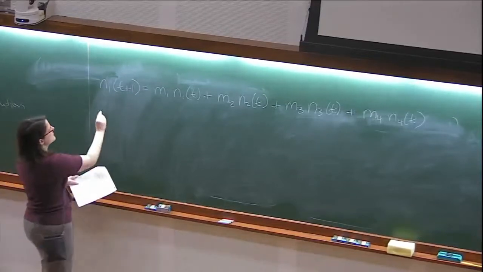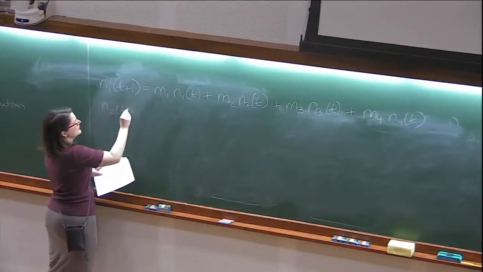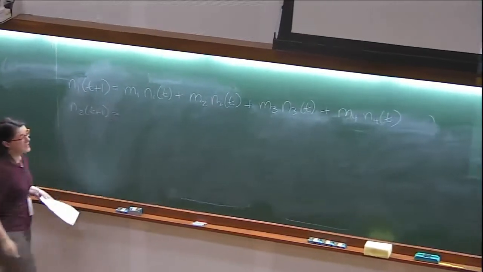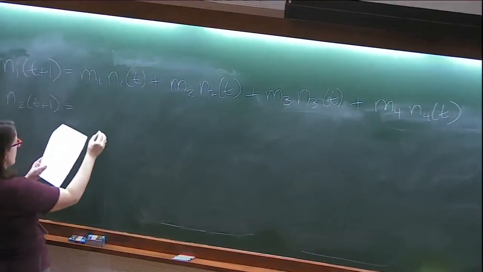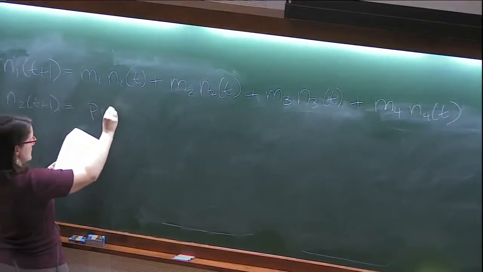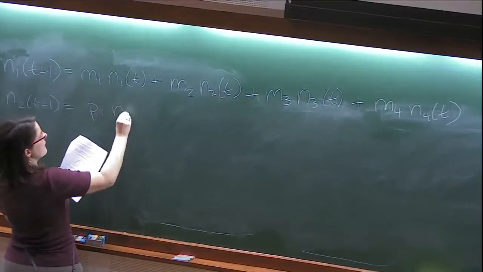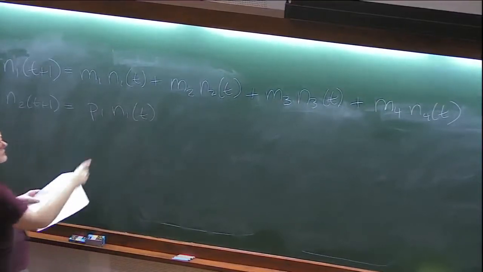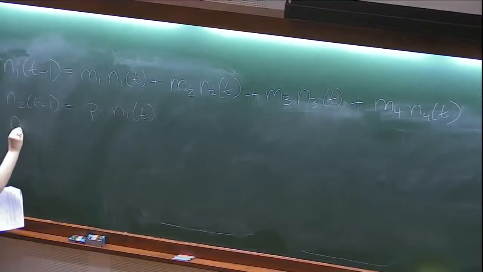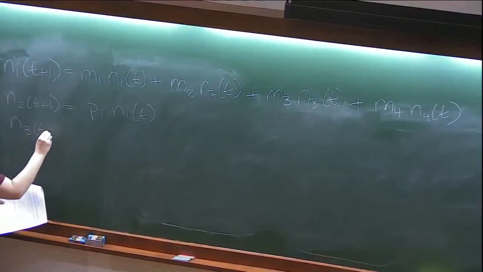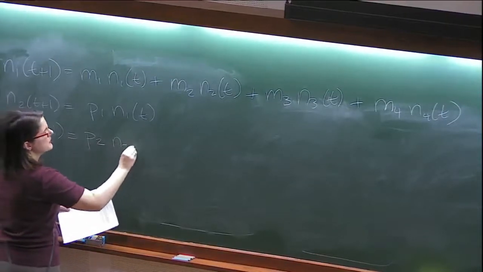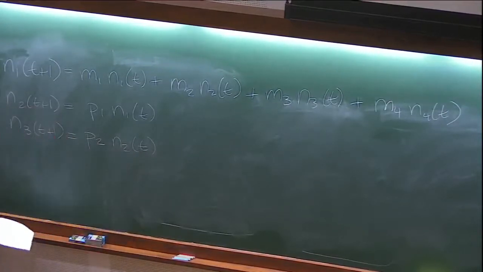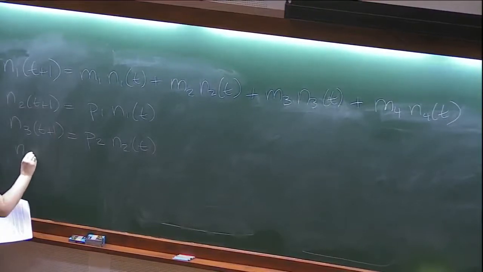And then the other ages are much easier. The only way you can get into age 2 is by surviving from the previous year. So it's just the probability that you survive times the number of individuals that were there in the previous stage 1. The number of individuals in year 3 is just the probability of surviving times the number of individuals that were there in the previous year in year 2, and so on for year 4.